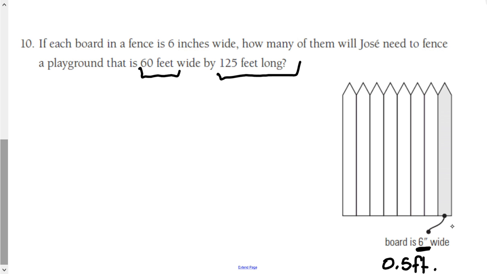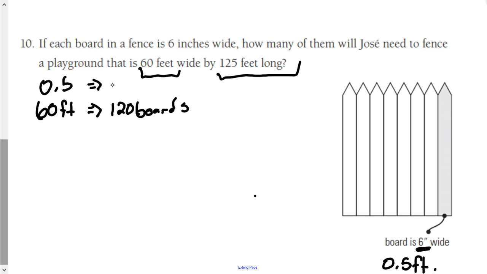So if I have 60 feet, and each board is half a foot, in order to get this, I would need 120 boards. So I'm kind of setting this up like a proportion. So like 0.5 gives us 1 board. Does that kind of make sense? And then I'm thinking kind of the same thing for the other one because it doesn't change based on the length.